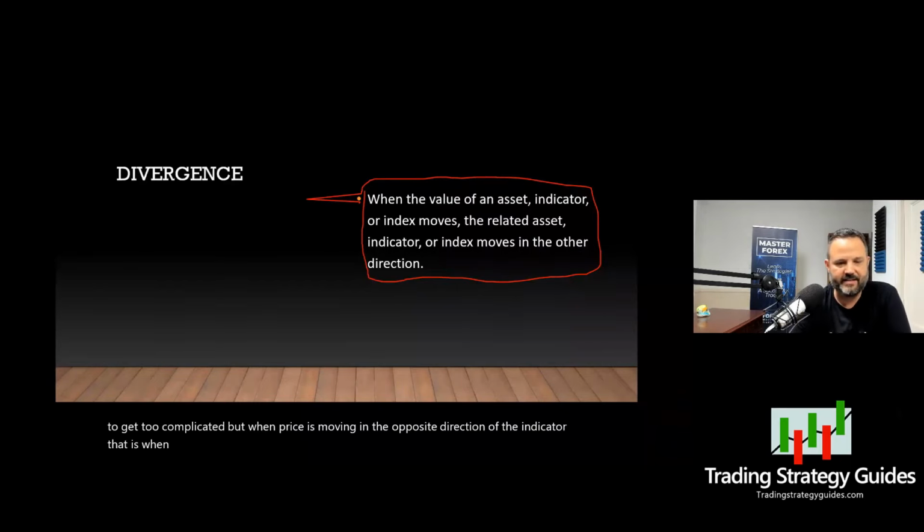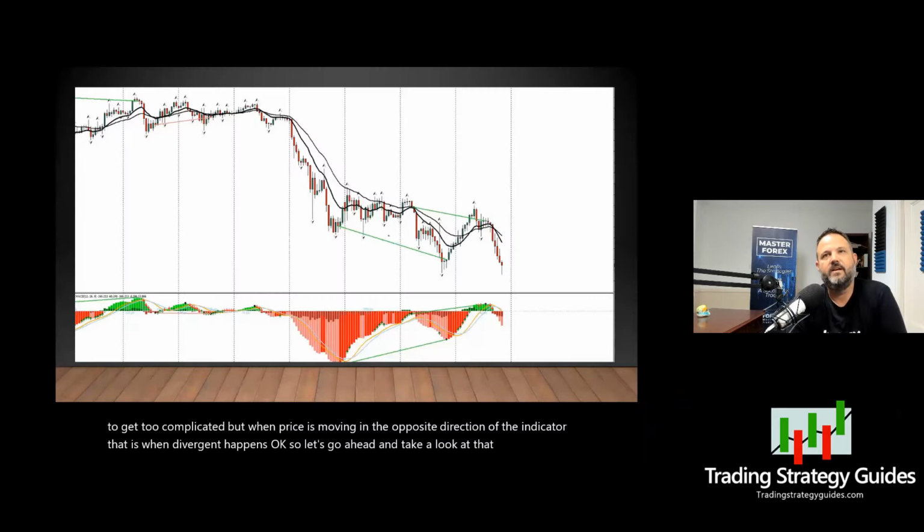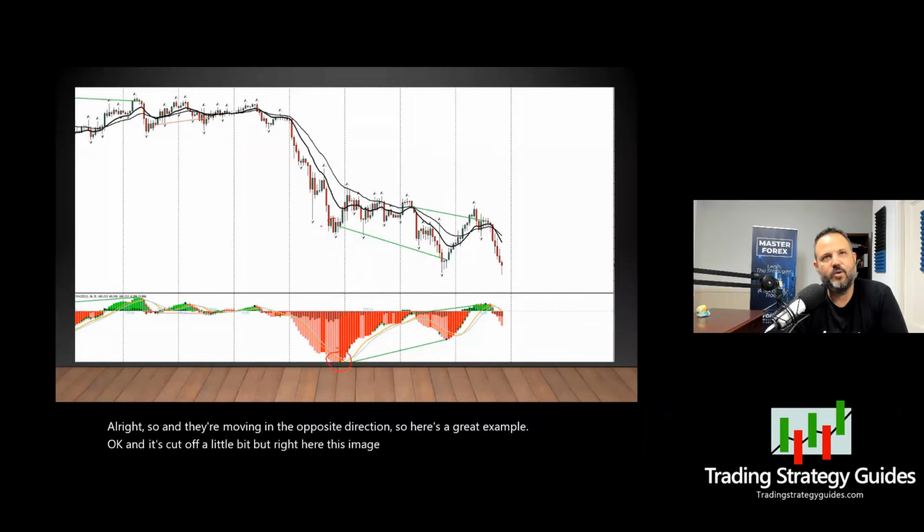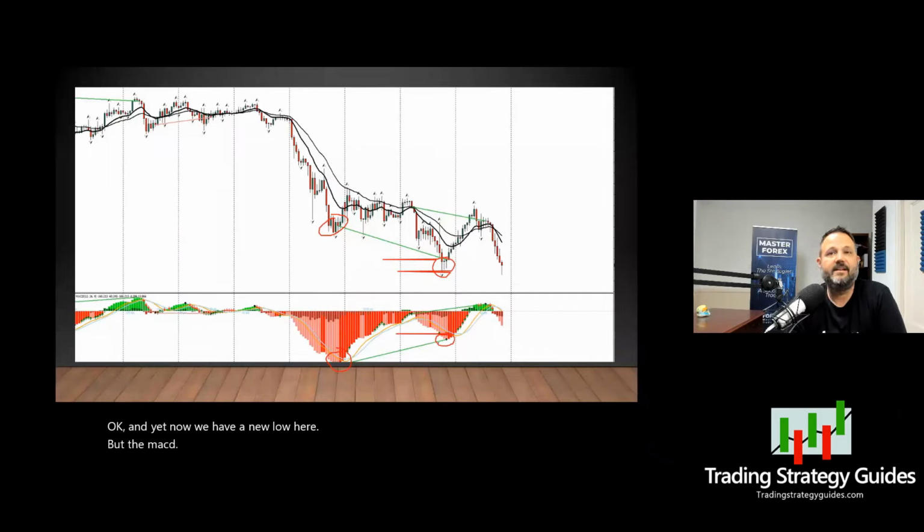So let's go ahead and take a look at that on the chart. They're moving in the opposite direction. Here's a great example. It's cut off a little bit, but right here in this image, you see we have a new low here, and yet now we have a new low here, but the MACD does not have a new low.